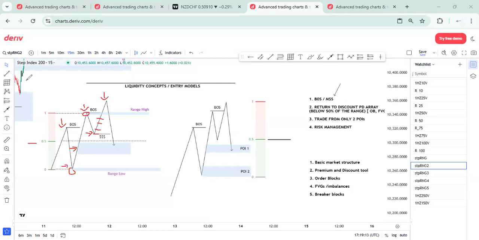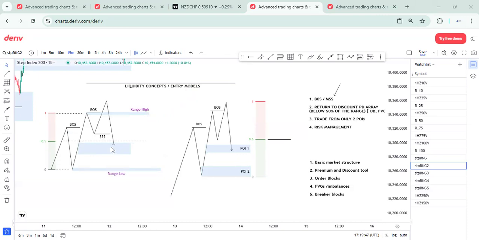So you are going to avoid a lot of traps when you are using this strategy. So allow market to pull back below the 0.5, which is the 50% level, into a discount zone. We call it a discount zone. And then look for lower time frame structure confirmation and you take your trade to the upside. That is if you are bullish, right?